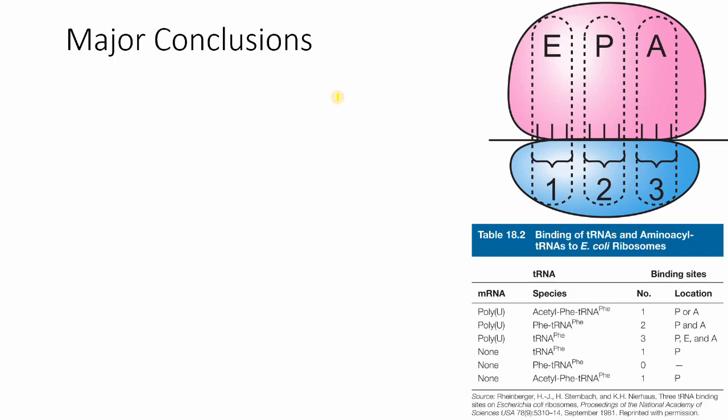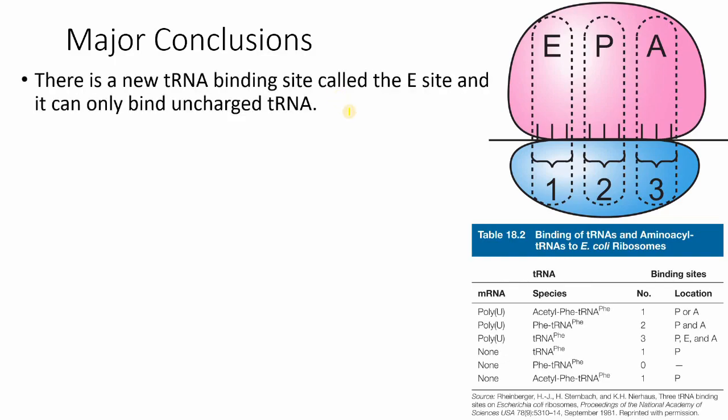So now that we said all of that, we can talk about some of the major conclusions that we can draw from this study. The first one, and the most important conclusion, is that there is a new tRNA binding site called the E site.